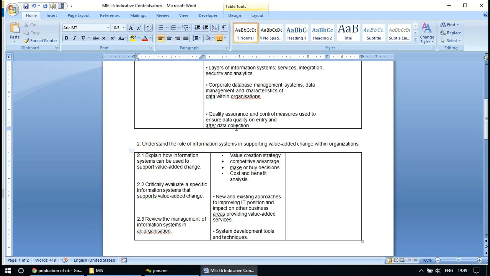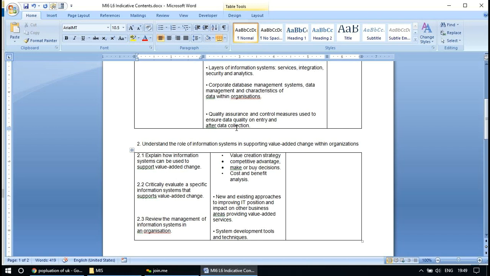Now, the new topic here is how to get the value added change in the organization. Basically the competitive advantage, they are the kind of advantages they want to get, but the terminology used for value creation is slightly different from competitive advantage.